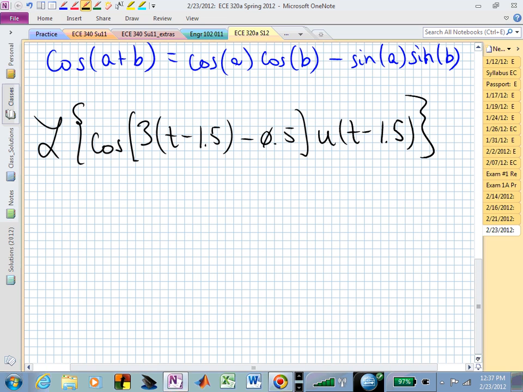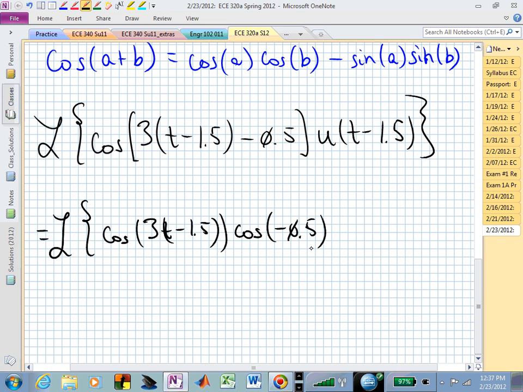I can rewrite this as the Laplace transform of cosine of 3(t − 1.5) times cosine of −0.5, and this gets scaled by u(t − 1.5). Now I'm applying my trigonometric identity: cosine A, cosine B.